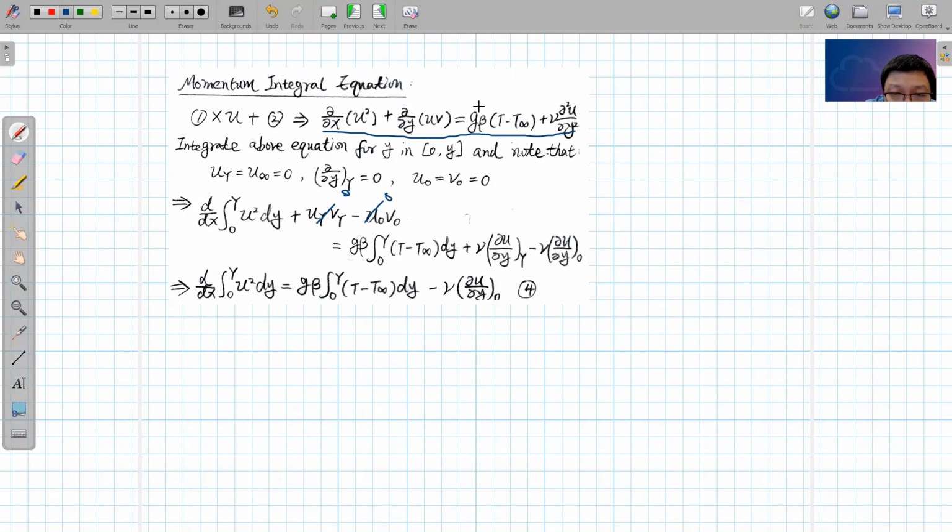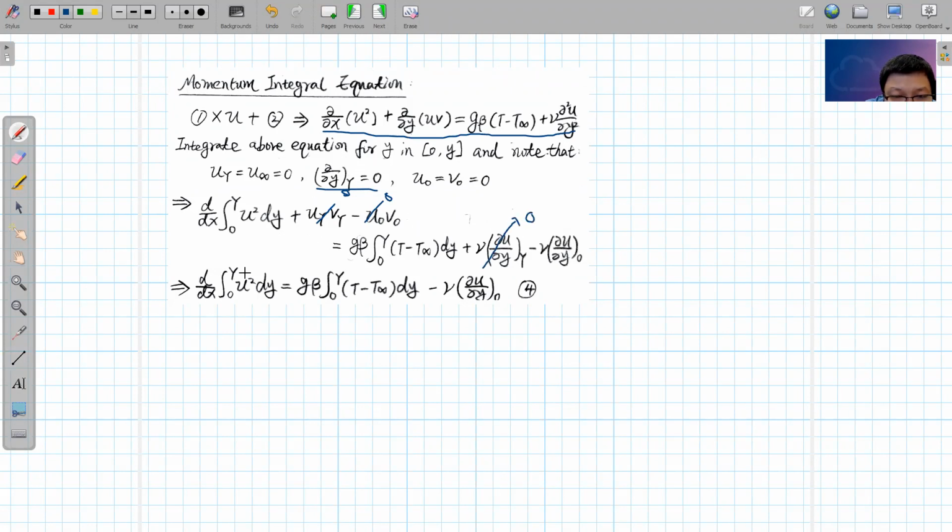You can also integrate this buoyancy term from 0 to y, T minus T infinity dy. And you can integrate this second order y derivative term. Basically it will be mu partial u partial y at y minus mu partial u partial y at 0. Because we know that at the y location there's no gradient in the y direction since it's already in free stream, this term goes to 0.